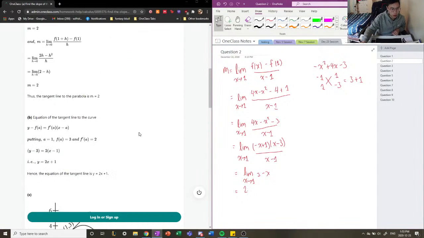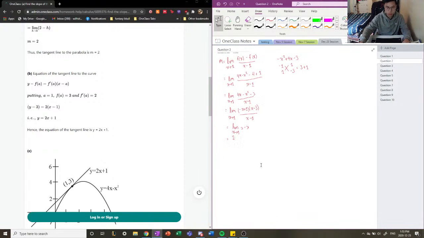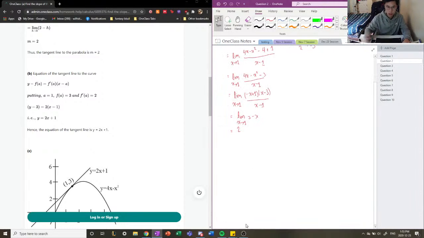Now that we have found the slope of the tangent line, we can plug it into our equation. Part B asks us to find the equation of the tangent line, so we're going to use the point-slope formula: y minus f of a equals f prime of a times x minus a.